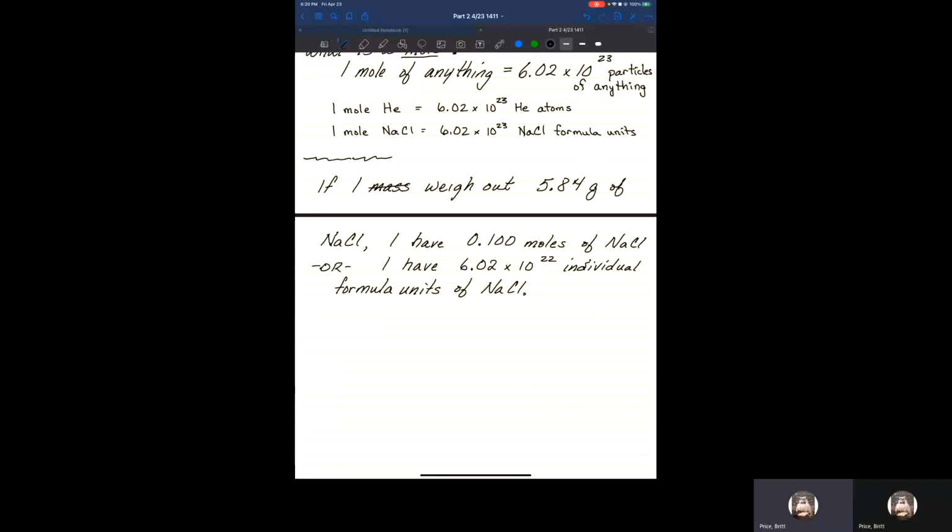Why do I want to worry about doing something like this? Why do I want to look at this relationship between what I mass out, what I weigh out, and this number of particles?